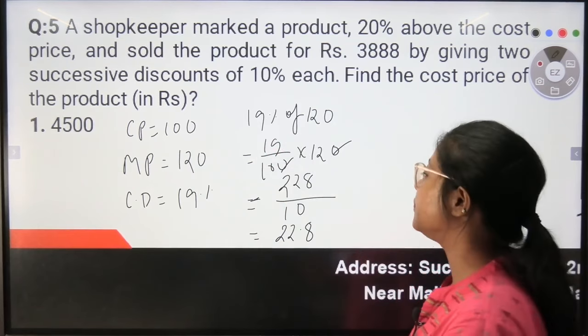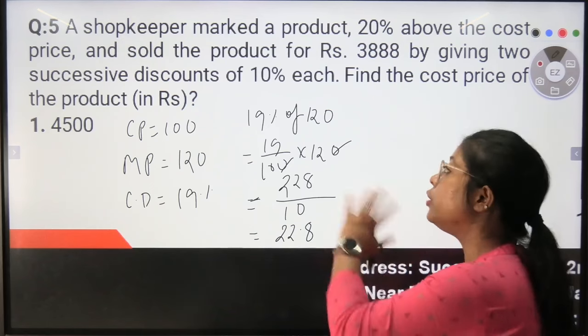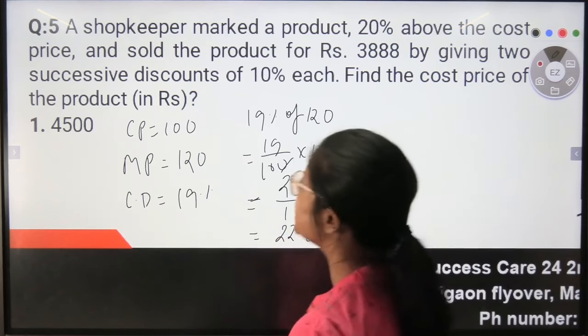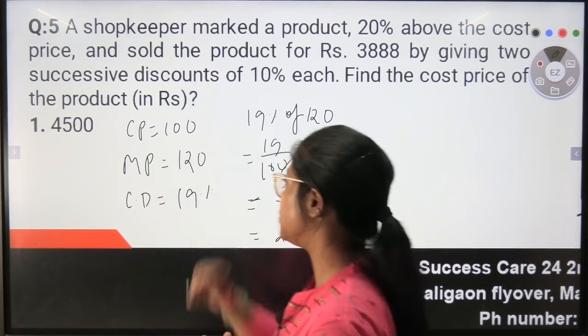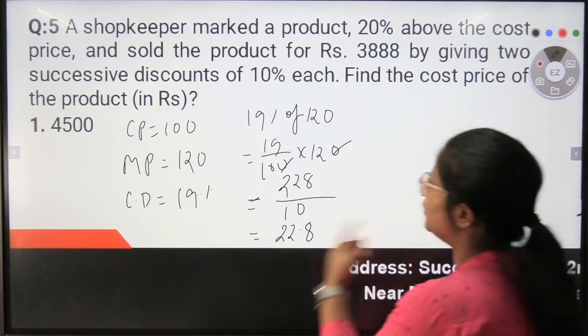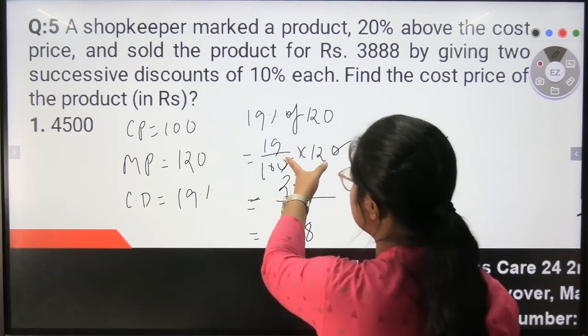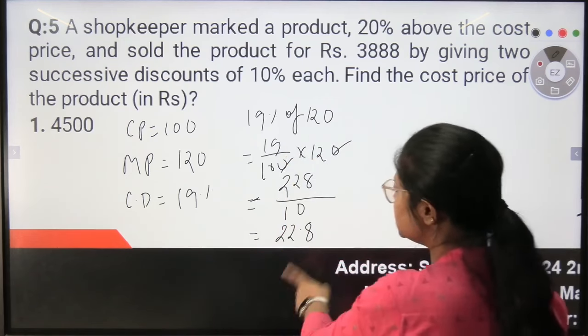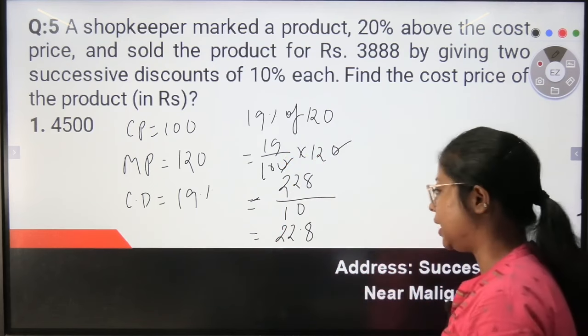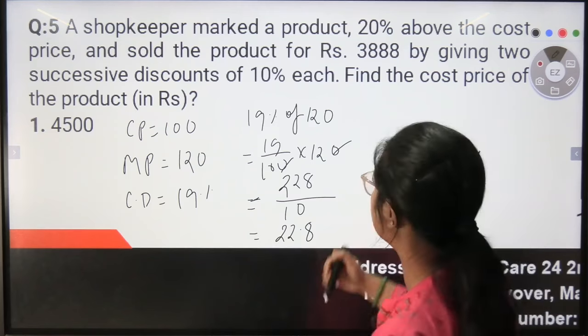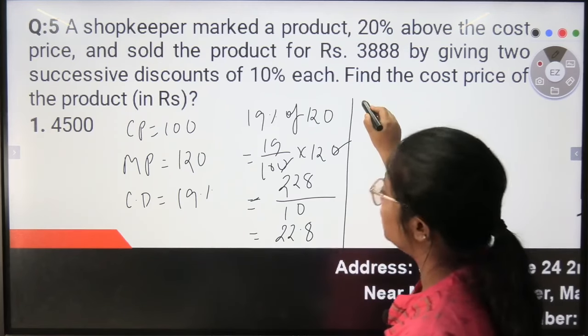If I calculate my 19% discount on rupees 120, why on 120? Because I have considered my mark price to be 120. So if I give a 19% combined discount on 120, the discount amount is 22.8. If this is my discount amount, then what would be my SP?